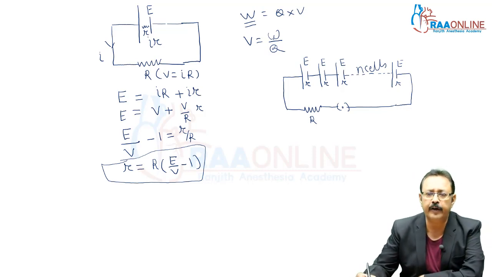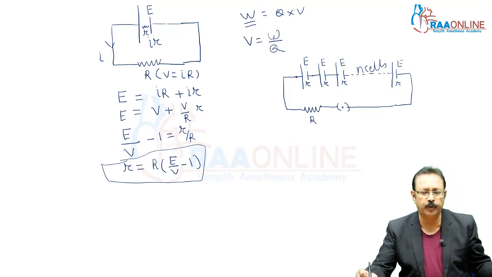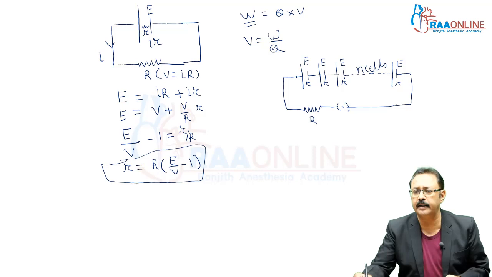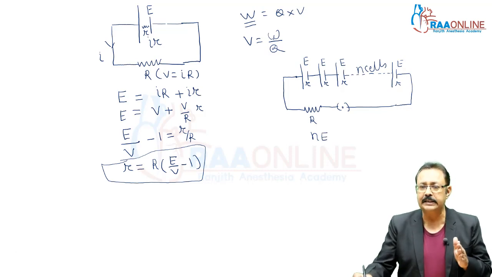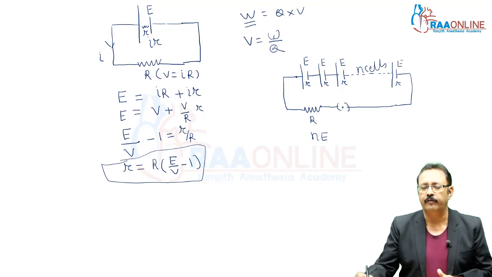See, the potential difference between these two points is E. If I am moving from left to right, again there is a drop of potential by E, again one drop of potential E. So from this end to that end, the total drop in potential is n times E. So now this combination of cells will behave like a single cell whose EMF is nE.